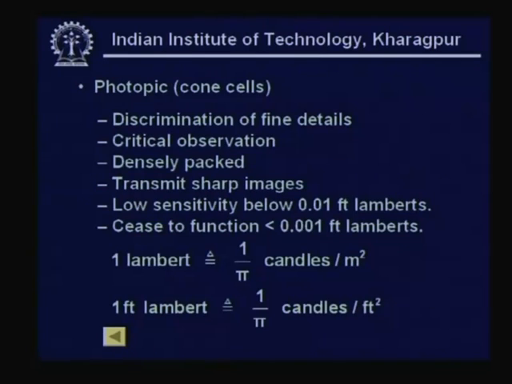So, the point we have observed is that the cone cells, which are densely packed in the foveal region, enable us to discriminate fine details and transmit very sharp images, but are not very sensitive below 0.01 foot Lamberts and completely cease functioning, that is, they do not respond at all to any illumination less than 0.001 foot Lamberts.